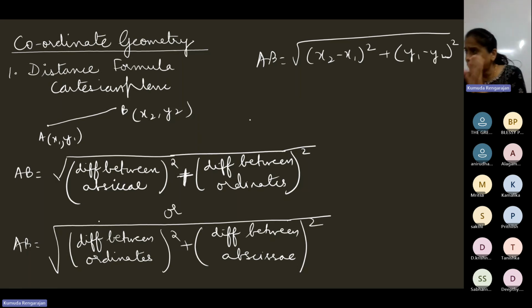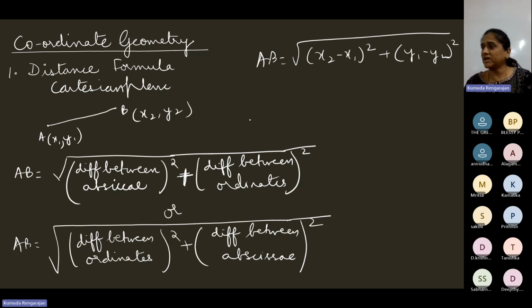You should just write the difference in the bracket. Difference between the x coordinates in the bracket. You can write x1 minus x2 or x2 minus x1, any order, whole square. Plus, in the next bracket, you must write y1 minus y2 or y2 minus y1. Not that in the first bracket, if you write x2, you should write y2 first. Nothing like that. Any order you can write.